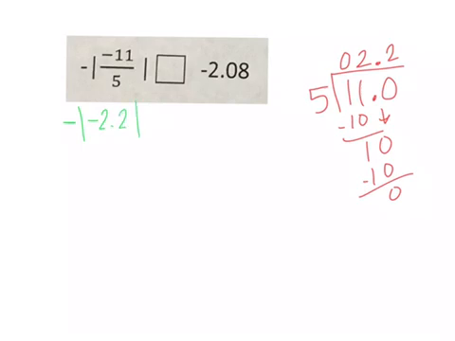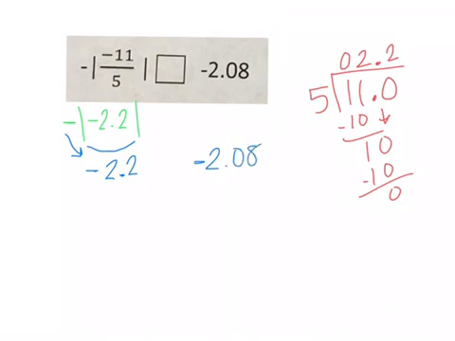With this, we want to first do the absolute value bar. The absolute value of negative 2.2 is positive 2.2. And then I have the opposite of that 2.2, which brings it back to a negative. So really I'm comparing negative 2.2 to negative 2.08.